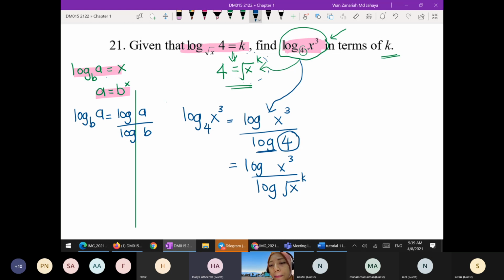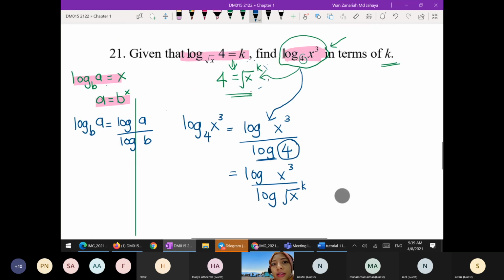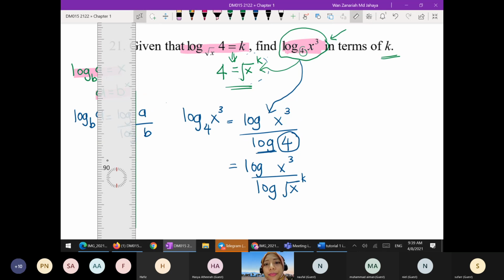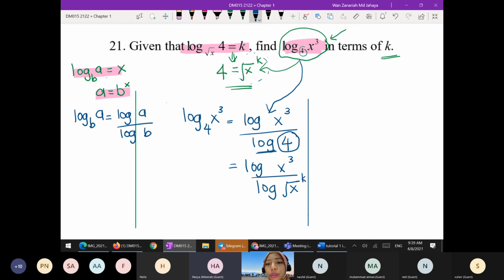Ataupun dengan kata lain dia adalah apa? Kalau set ni dia adalah apa? 1/2. Yes, 1/2. Itu yang kita nak dengar.